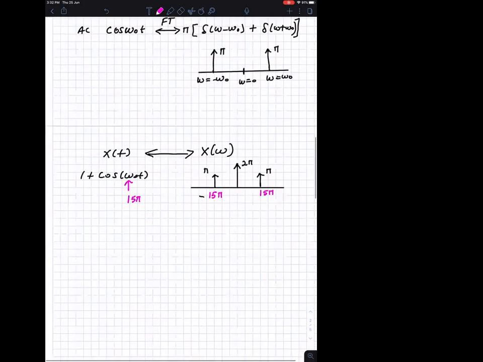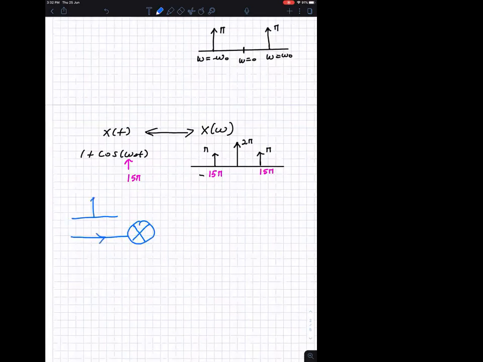So the signal is coming in. If you look at this from the frequency domain point of view, it's going to be sampled with the sampling frequency 2 pi over T, which is 2 pi over 0.1, right?